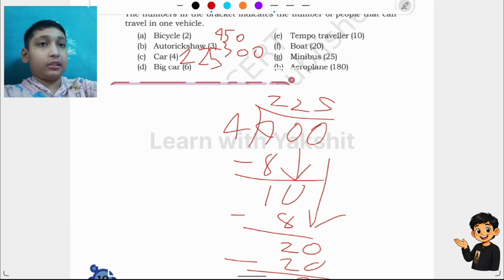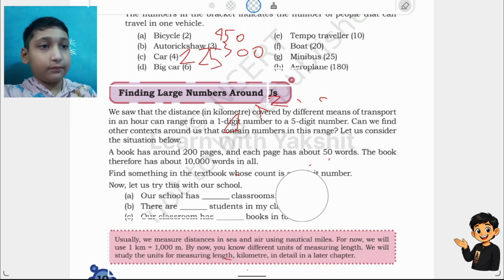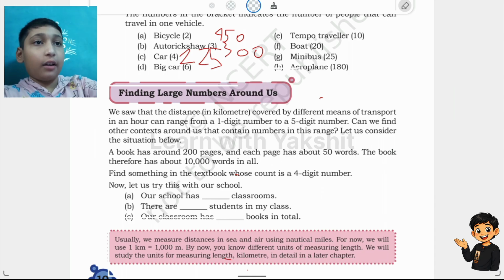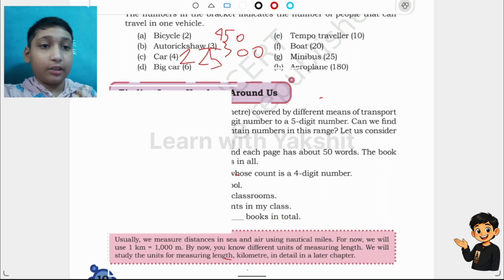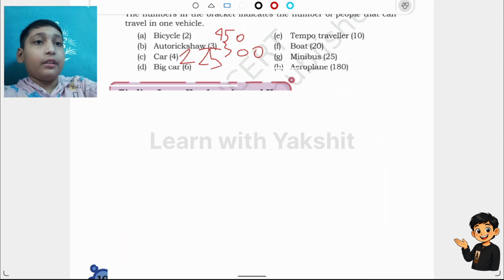Now we have to erase this. There. Now we have to make another giant square. Now with the big car, it's simple.